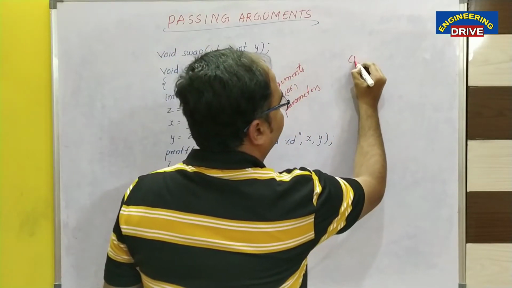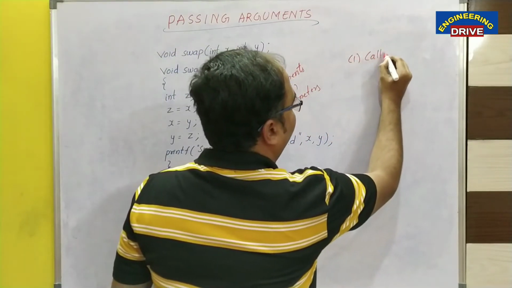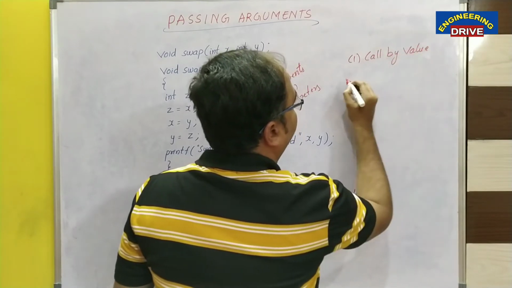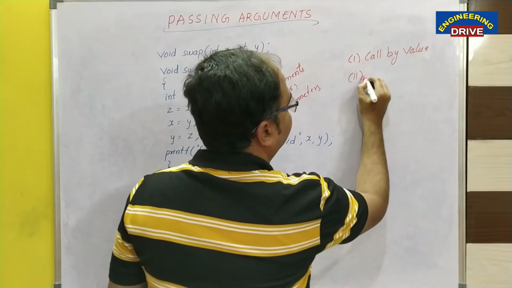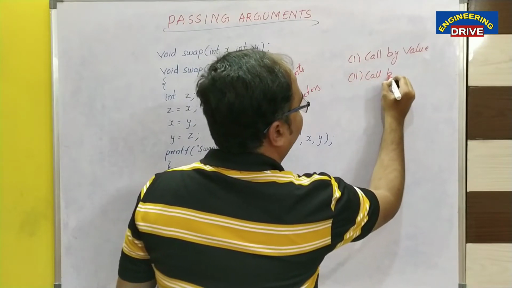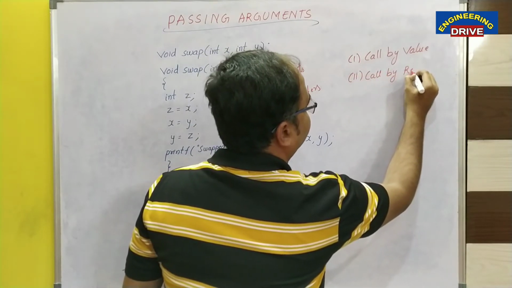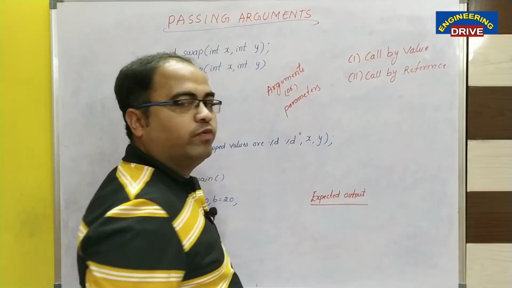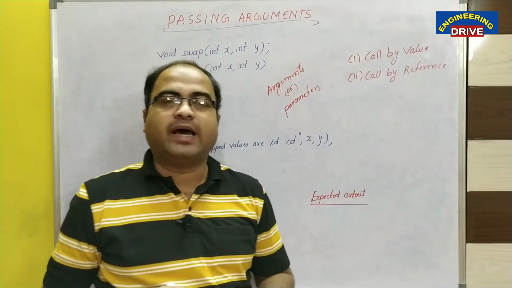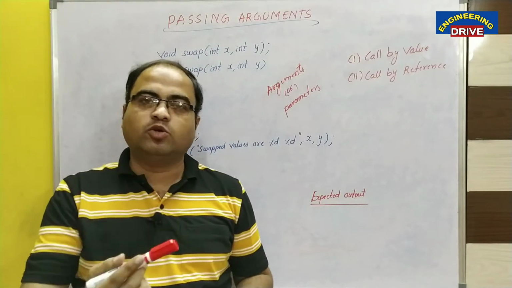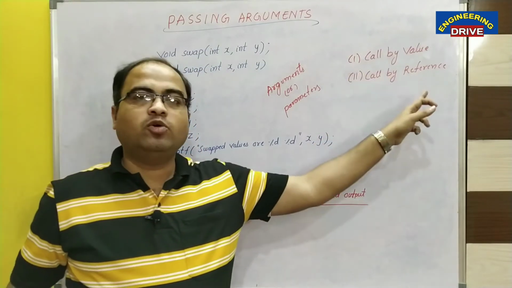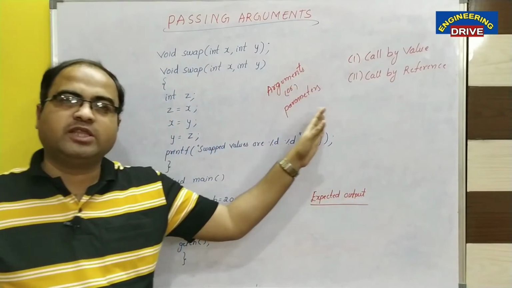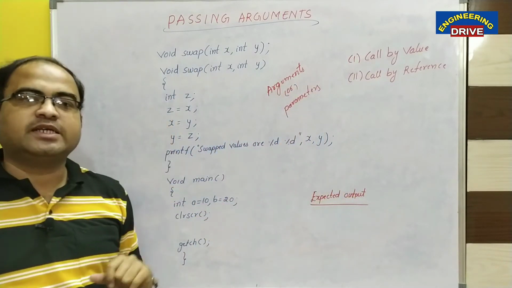The first method is call by value, and the second method is call by reference. So these are the two ways in which we can pass the parameters or arguments to the user defined function. Call by value, call by reference. Now I am going to show you the difference between these two methods with the help of this example program.